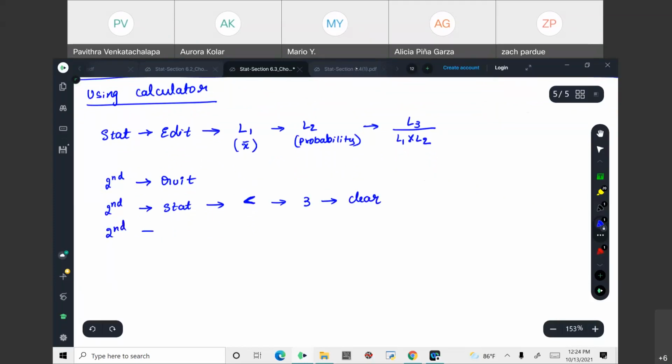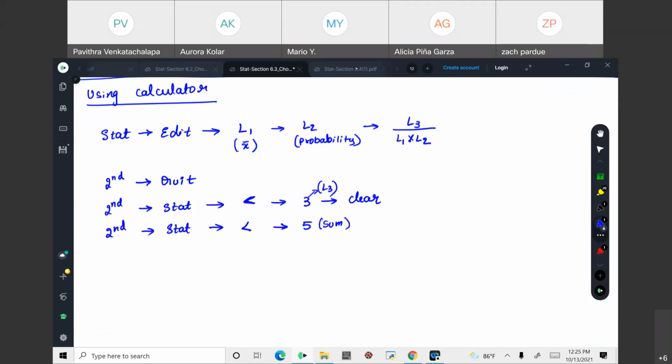Again come back, same steps, repeat it again. Now this time you will be choosing number 5. This is number 3 and number 5. So in number 5, I guess it is sum. Okay, sum. Here if you see, it will be L3. Here you will get sum.